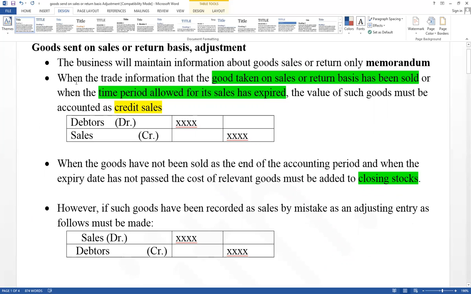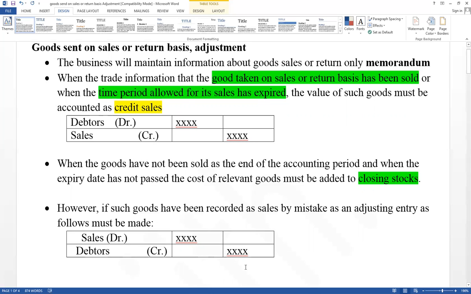But when the trader informs that goods taken on sale or return basis have been sold, or the time period has expired, it should be considered as a credit sale. And when goods have not been sold or the time period has not expired, its cost value should be considered as closing inventory. If it has been recorded only as a credit sale, that value should be removed.